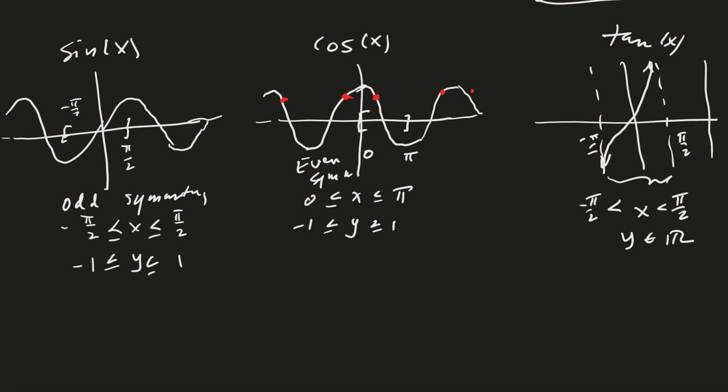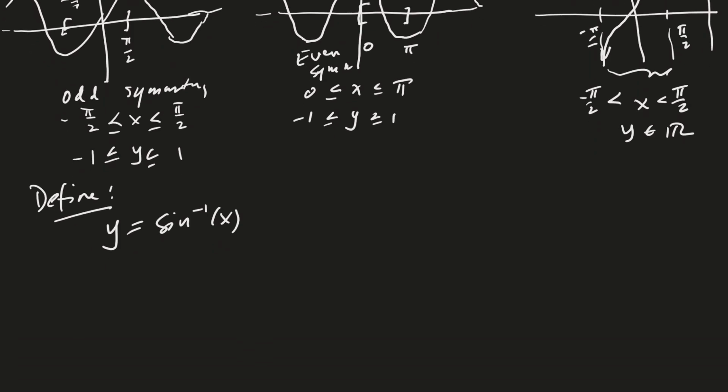And so now that we've made these restrictions, we can now perform the inverse. And so we define the inverse function, y equals the inverse sine of x, to be the inverse of the sine. And so the domain is going to be numbers between minus 1 and 1, and the range is going to be angle measures.